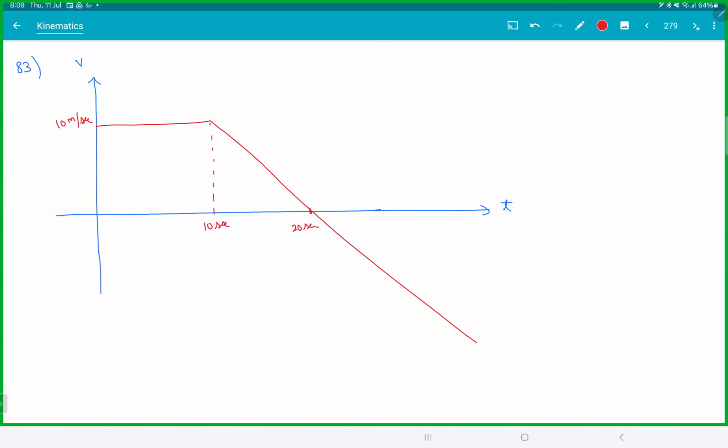This is 20 seconds. Find the distance traveled from t is equal to 12 to t is equal to 18 seconds. And find the time when the displacement becomes 0.